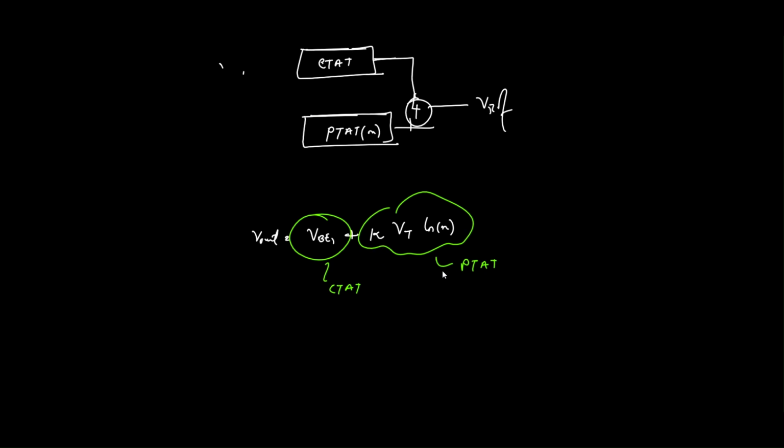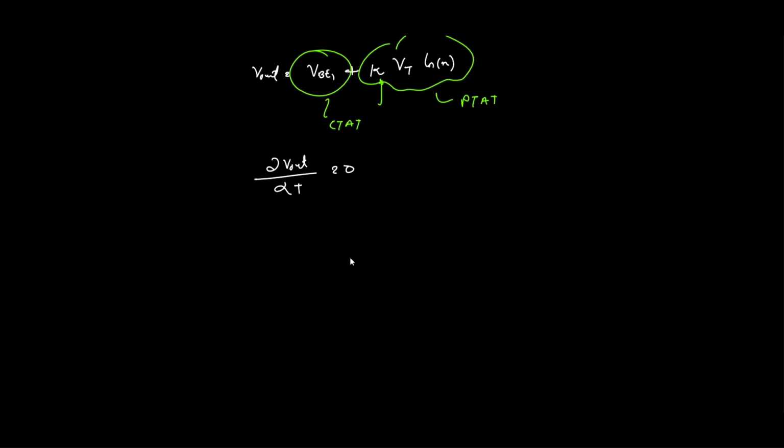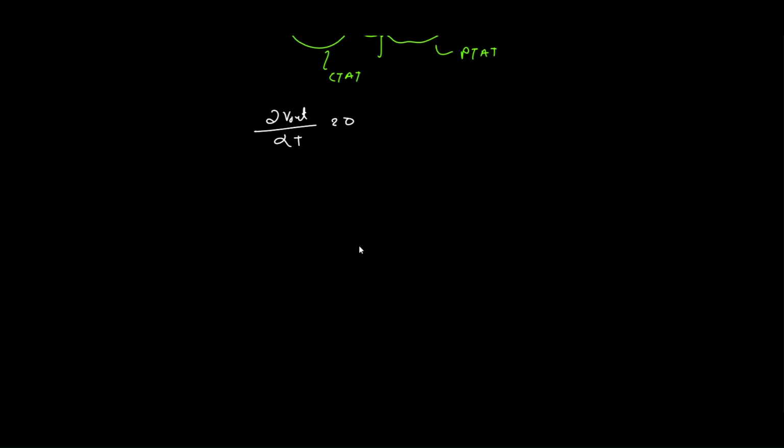So let's see the temperature dependency. The final value should be like delta Vout by delta T equals 0, right? That should be 0. So this is our target.